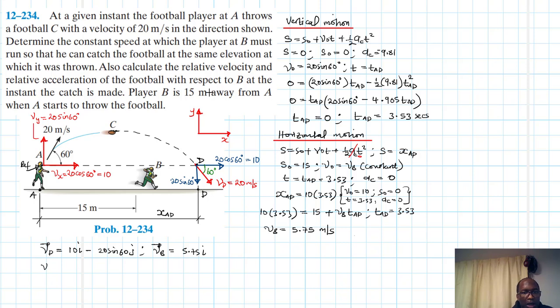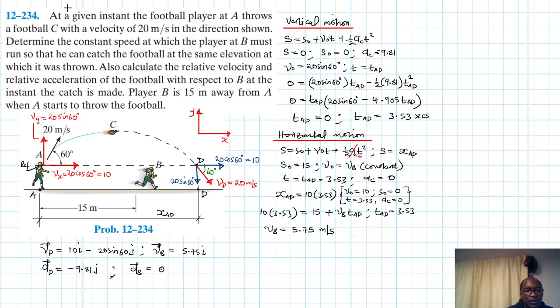So we are now being asked to find the relative velocity of the ball with respect to B at the instant the catch is made. Let me also write down the acceleration. Acceleration at D is just minus 9.81, since it is experiencing acceleration due to gravity, and a_B, which is acceleration for player B, is just going to be equal to 0.